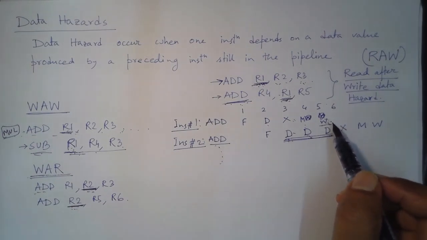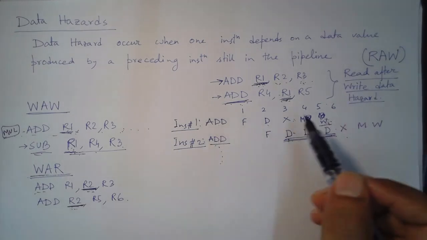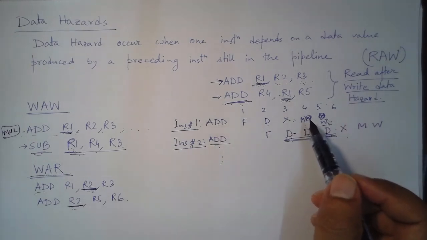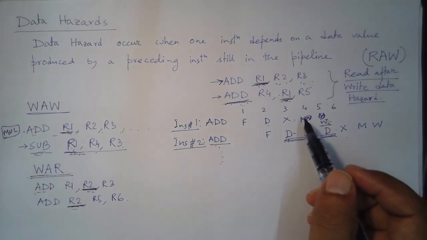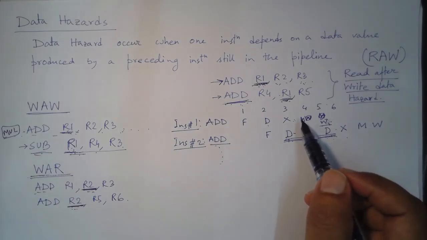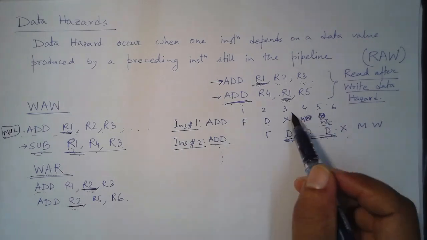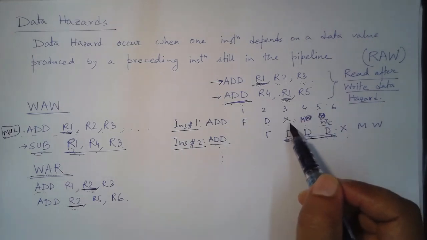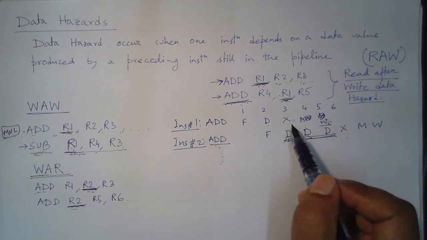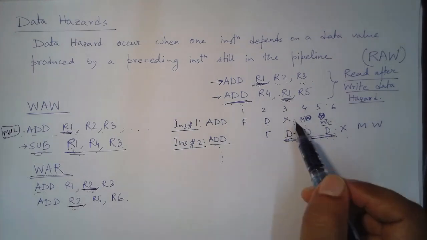But if you look at it carefully, actually after write back R1 is getting updated, but the value which is supposed to be stored in R1, that value is available immediately after the execution stage, right. So, end of execution stage we have the updated value of R1.